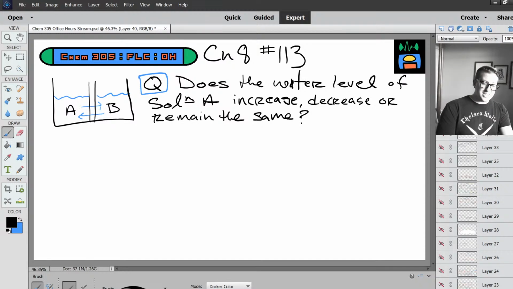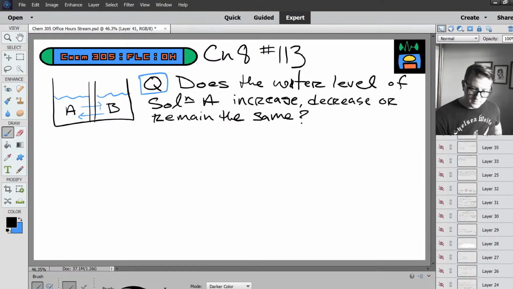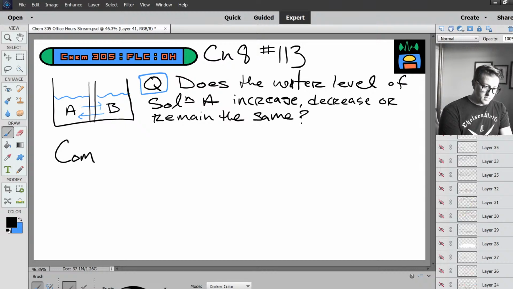Now here's what that question is asking. Here's the question under the question, so to speak. What you want to do is compare the osmotic pressure, the osmolarities.